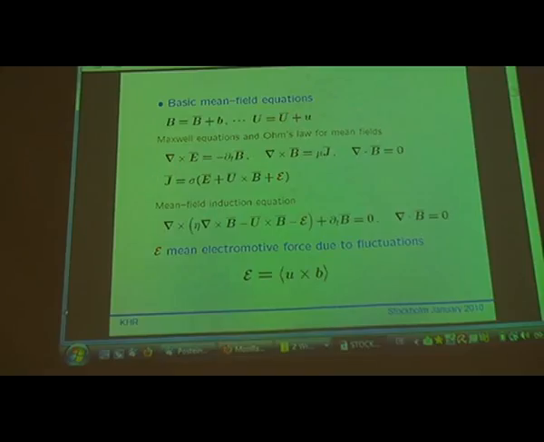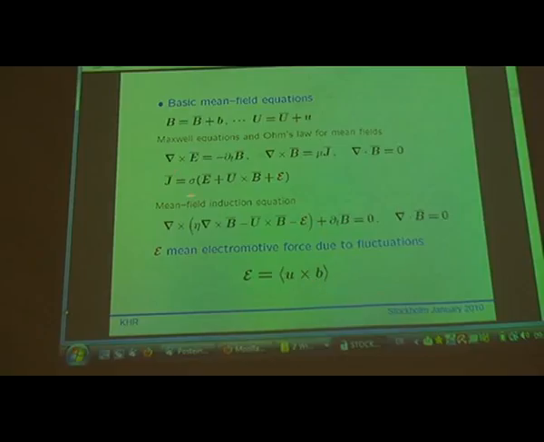This means you get just the Maxwell equations again for the mean fields, formally completely the same. The difference is in Ohm's law. You have here U cross B, and the averaging gives not simply U bar cross B bar, but an additional term, U cross B fluctuations averaged. And that is a big difference.